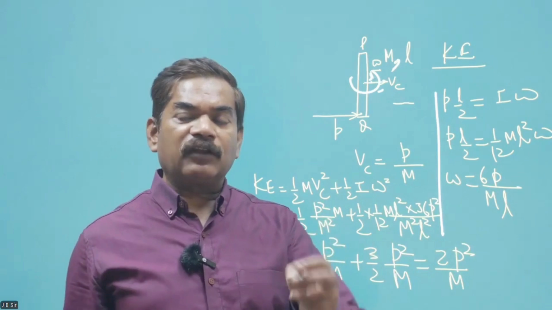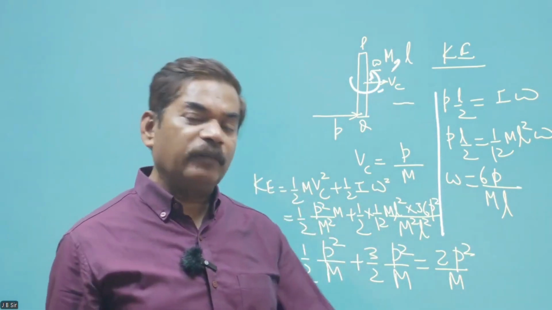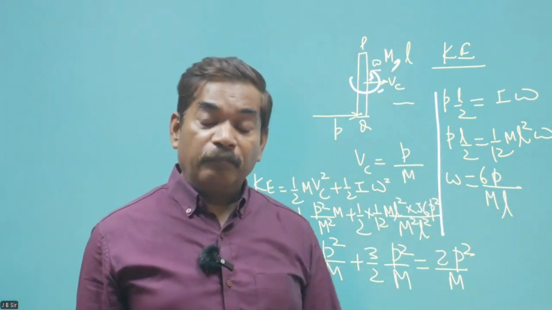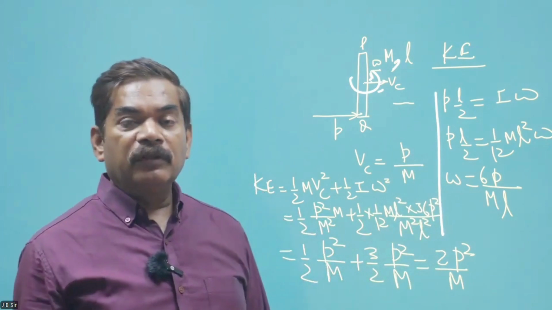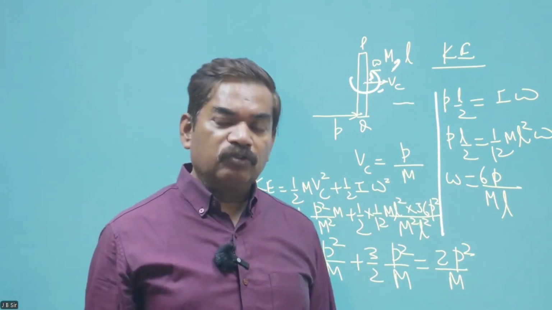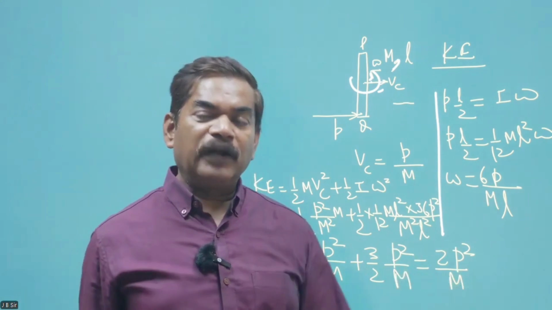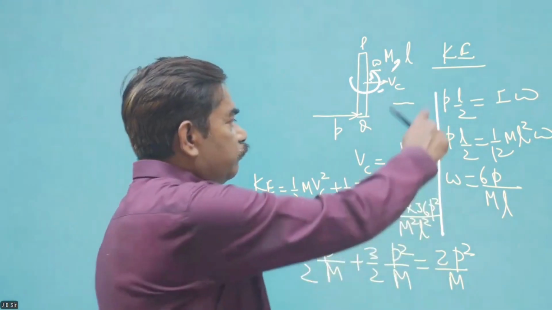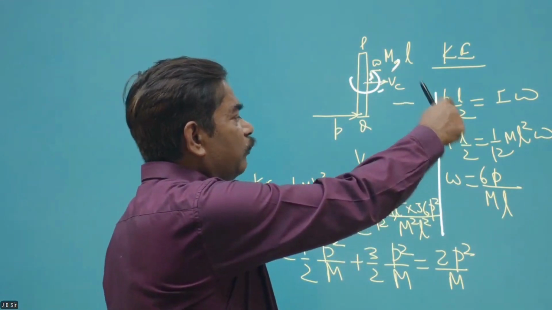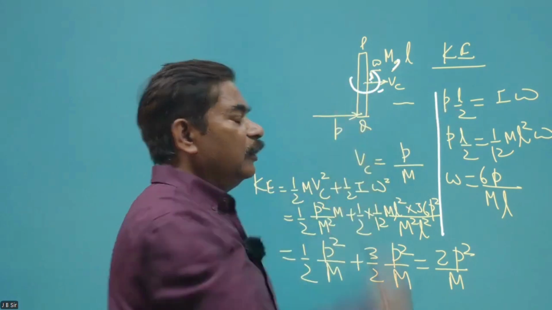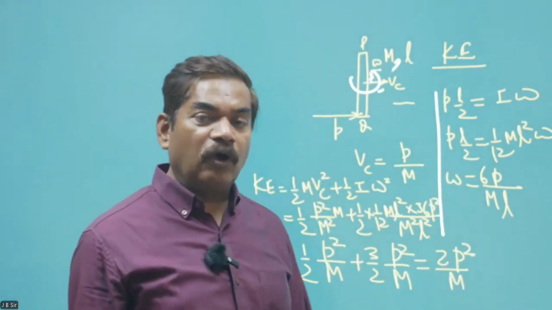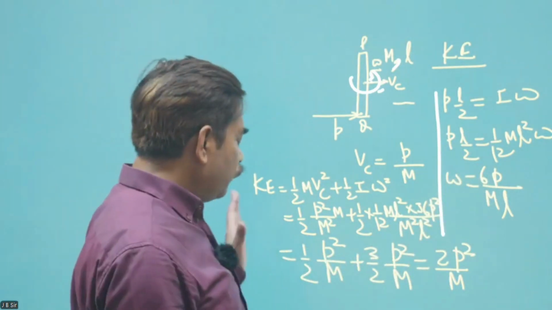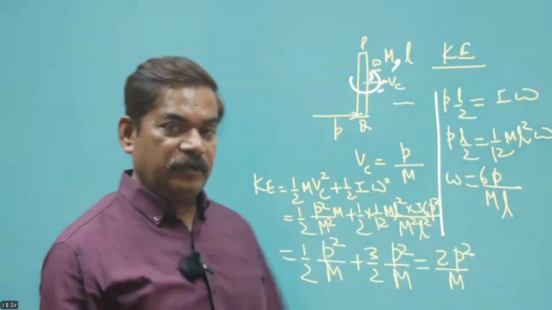It's not necessary that it be applicable only about that point; you can apply it about any other point on the ground, but we apply it about a point just below the center of mass so that the rest of the calculation is easier. So P into L by 2, the angular momentum of this impulse P about the point just below the center of mass, is equal to I into omega. You got the value of omega, so half m v square plus half I omega square.